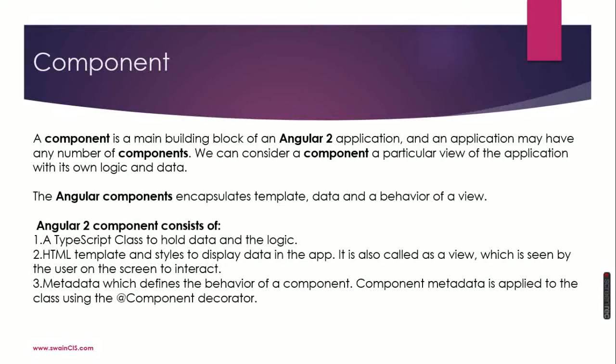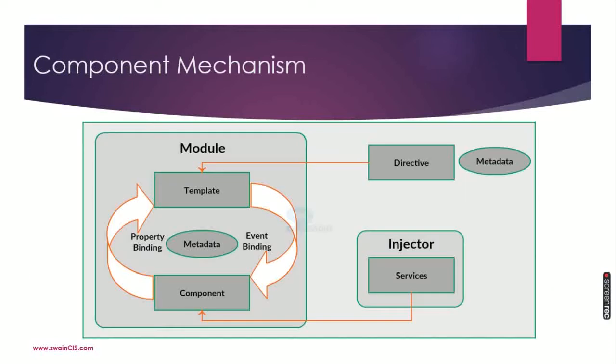Angular components encapsulate the template, data, and behavior of a view. Angular 2 components consist of a TypeScript class, an HTML template, or you can say the view, and metadata which is called a decorator. How it is connected we will see later when we create components in our application.